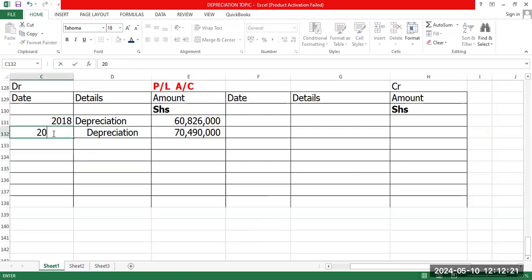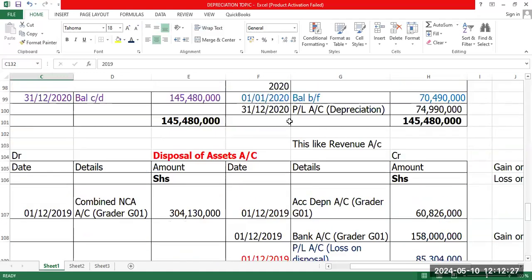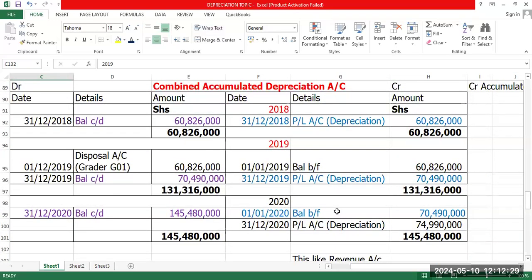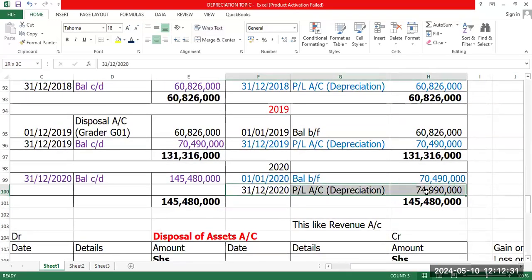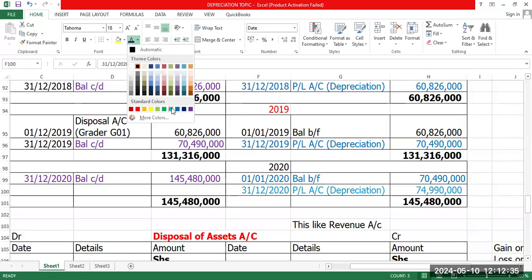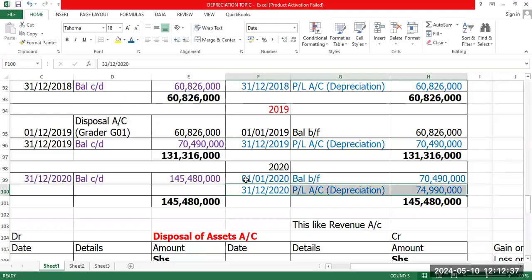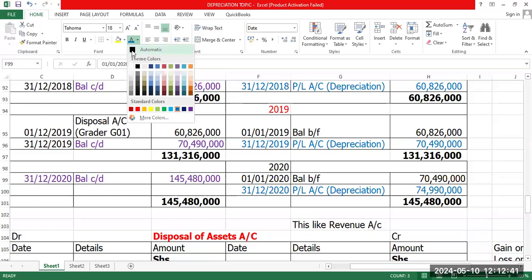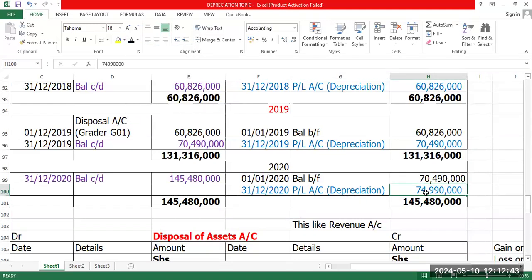This is for 2019. Then you go to the next where you have depreciation. It is here. You copy that, just this figure.